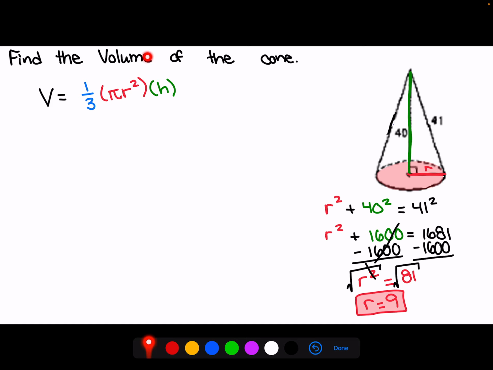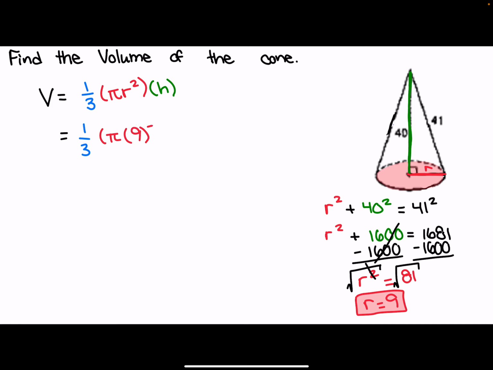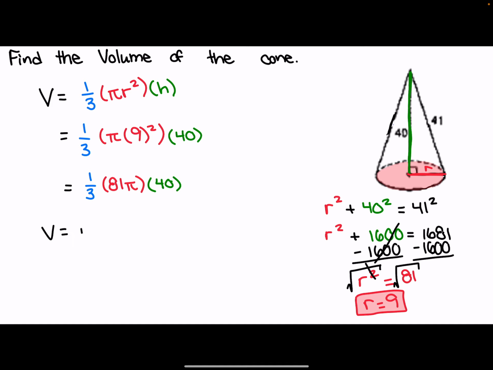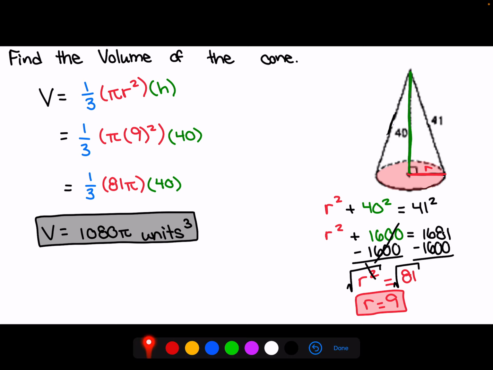Plugging into our volume formula, I'll have volume is equal to 1/3 times pi times 9 squared, or 81 pi, times 40. 81 pi divided by 3 is 27 pi. 27 pi times 40 is 1080 pi. So our answer is 1080 pi units cubed.